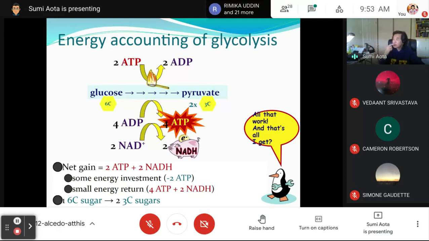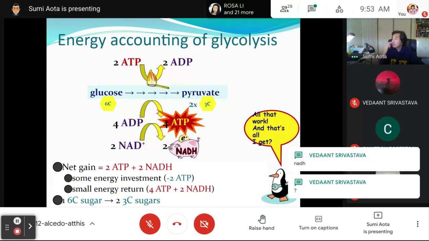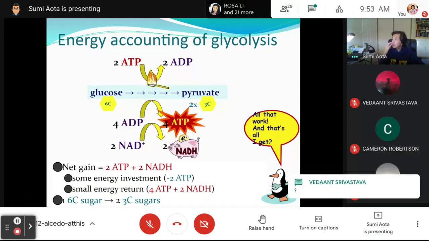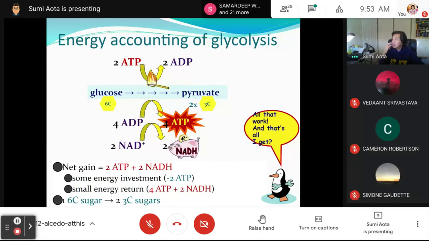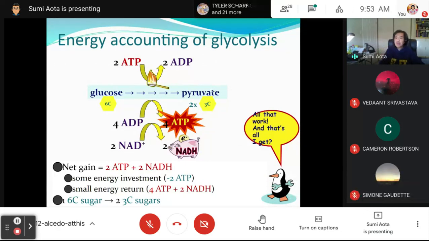Where's the bulk of that energy? Some of it is in NADH, but we only got 2. The amount of energy in NADH is like 131 kilojoules per mole. Yeah, the majority of the energy is actually still locked up in the pyruvate.